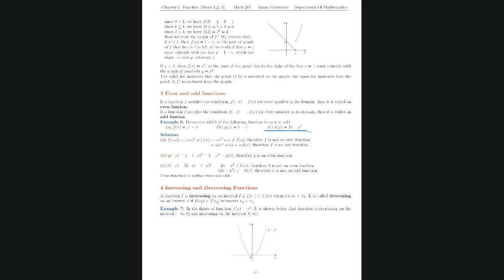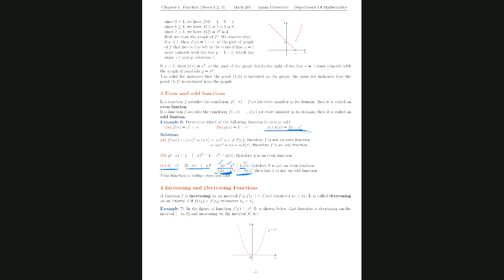So here h of minus x: replace every x with minus x, so this is minus 2x minus x squared. It is not h(x), since h(x) is 2x minus x squared and here it is minus 2x minus x squared. Then take the minus outside: minus of 2x plus x squared. This is not minus h(x), since minus h(x) is minus 2x plus x squared.